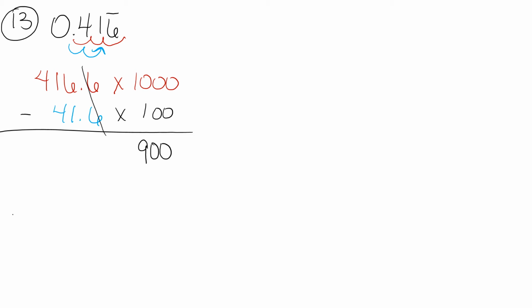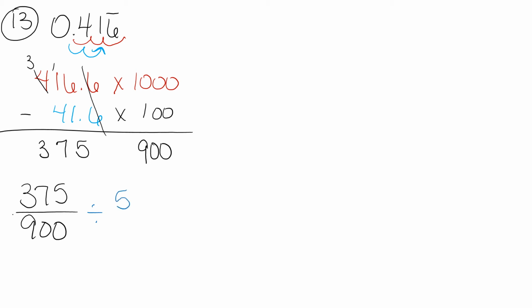These 6's are going to cancel. 6 minus 1 is 5. I'm going to borrow. 11 minus 4 is going to be 7. And then I'm going to bring down that 3. Now you have the fraction of 375 over 900. We know that's not in simplest form because it ends in 5 and 0. So we know it's at least divisible by 5.